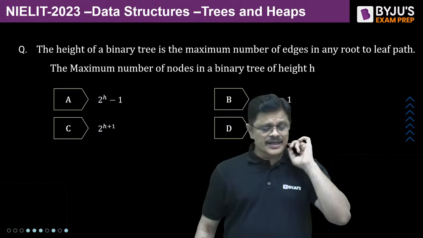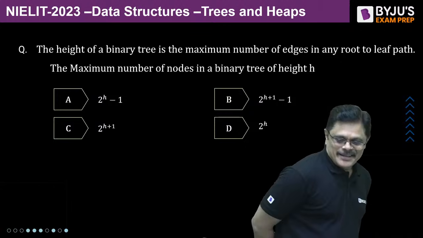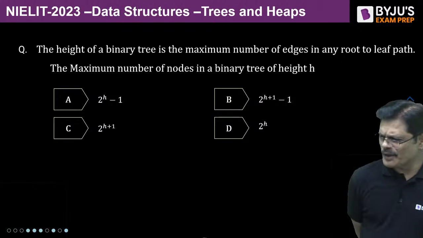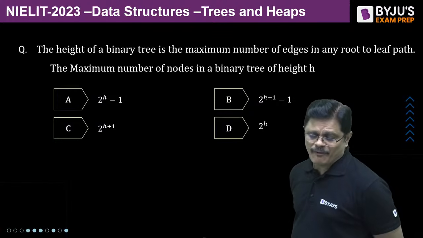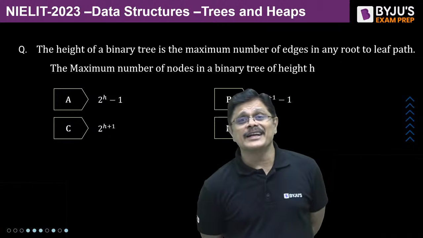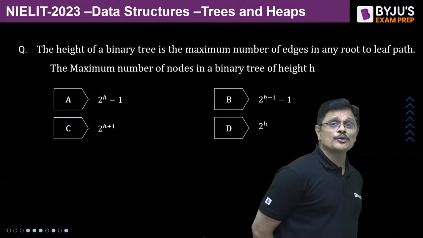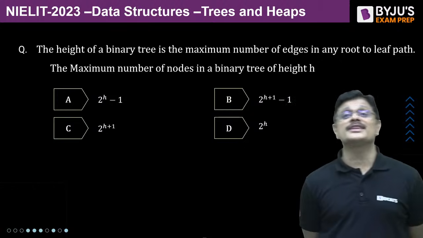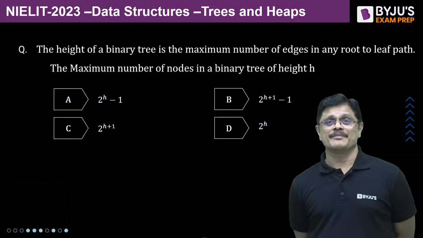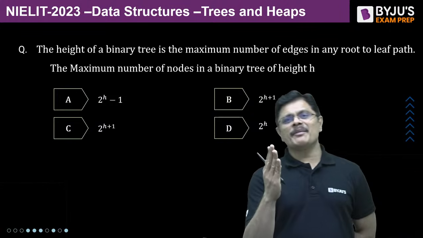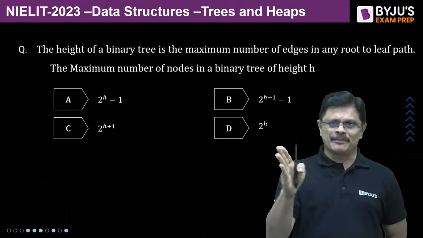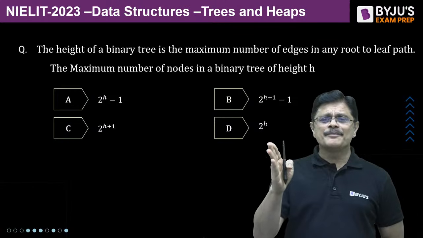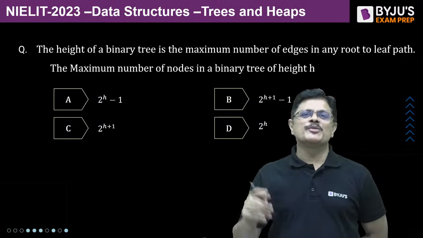Okay. The next question. The height, same definition, I don't want to repeat it. The maximum number of nodes in a binary tree of height h. Here you want to know the maximum number of nodes in a binary tree of height h. You get the maximum number of nodes if at every depth or level we have the maximum possible nodes.